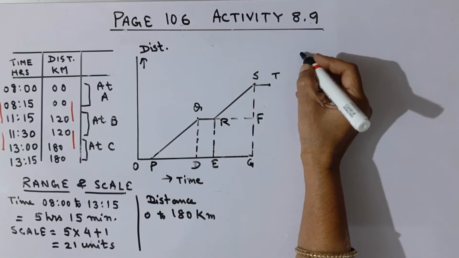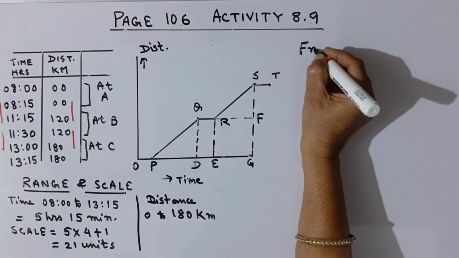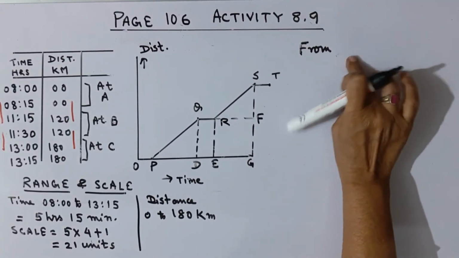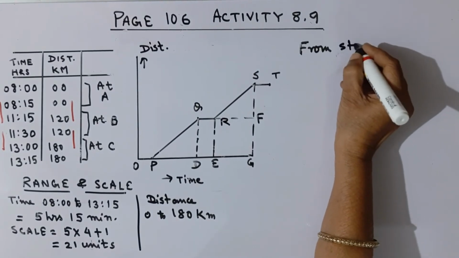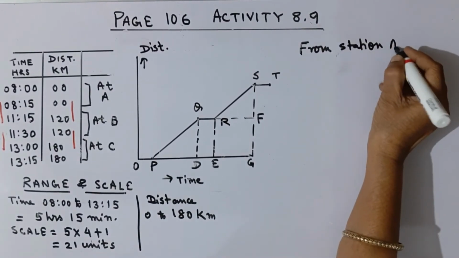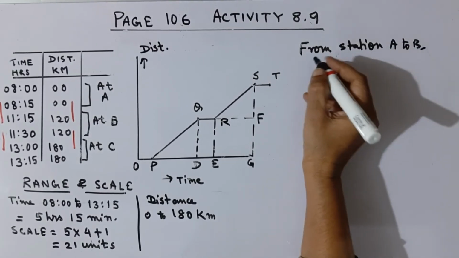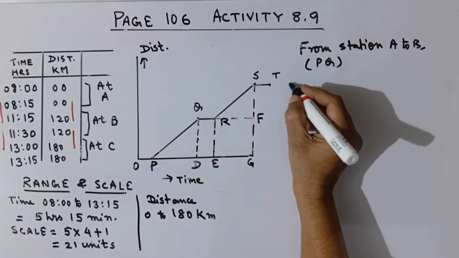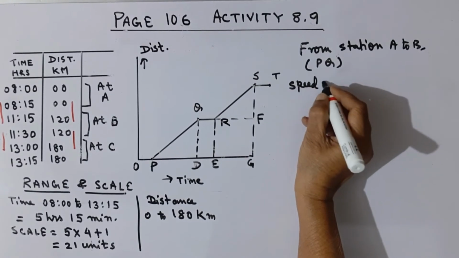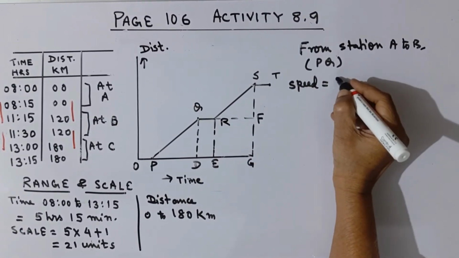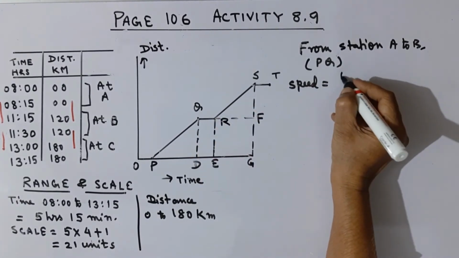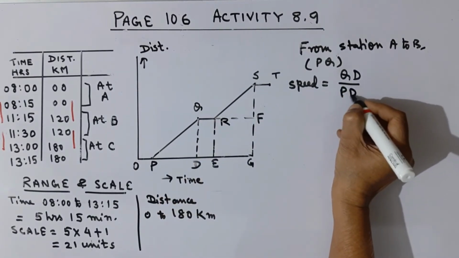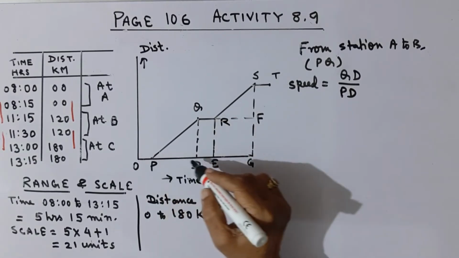Now from station A to B, that is the points P to Q, the speed is equal to the slope, that is QD upon PD.